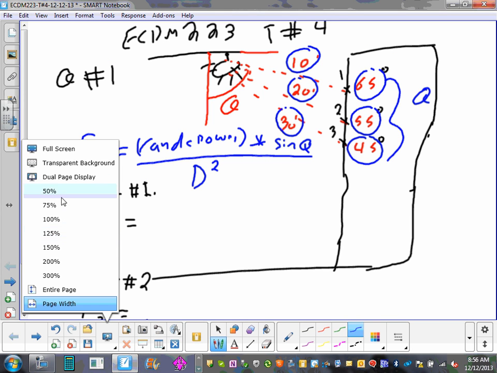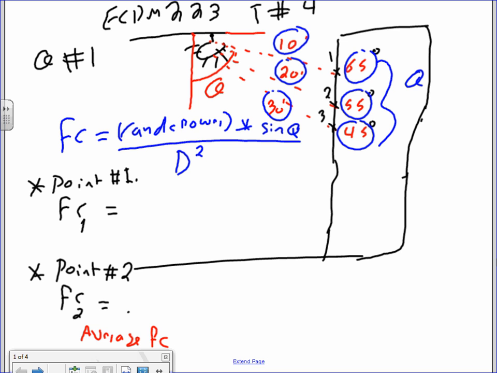So let's go get the answer. The first point is at 65 degrees. What does the FC equal? Candela power multiplied by sine divided by the distance squared. Apologies for my beautiful handwriting.